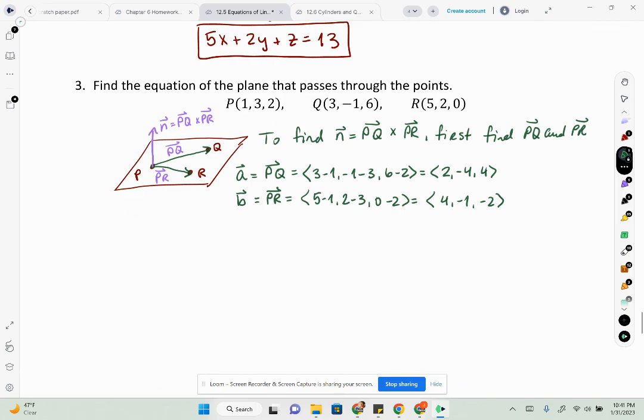Now, there comes a point where we want to be able to calculate our cross product a little bit faster, not because you have to, but because you actually kind of want to, because you calculate a lot. So I'm going to show you something.